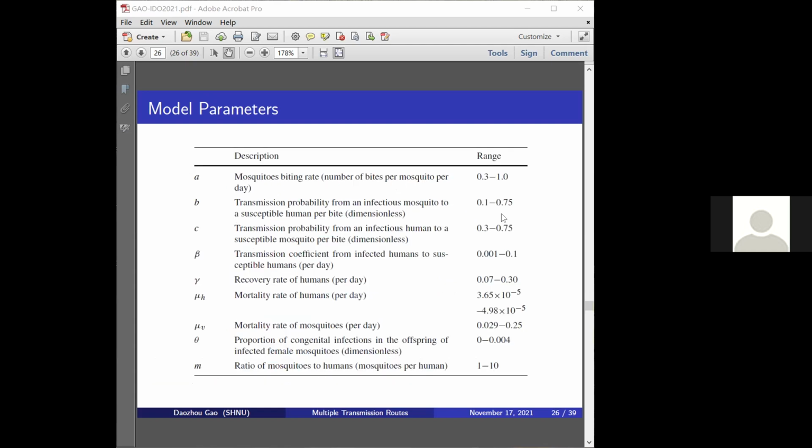These parameter ranges are from the literature, mostly from other papers. I thought maybe you came up with them by fitting. If you are interested, you can take a look at the paper, where I give some references. Thank you.